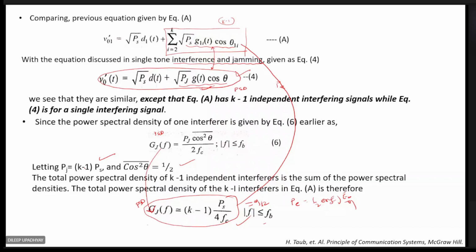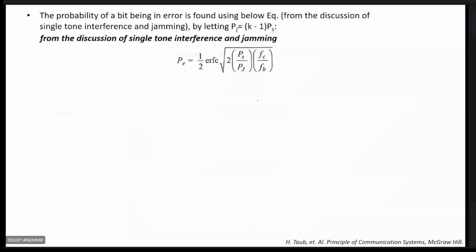So both ways you can calculate the probability of error for CDMA, code division multiple access. From the discussion of single tone interference and jamming, we had calculated the probability of error by this expression, so if we replace Pj by k minus 1 Ps, then that expression will be the probability of error for CDMA.